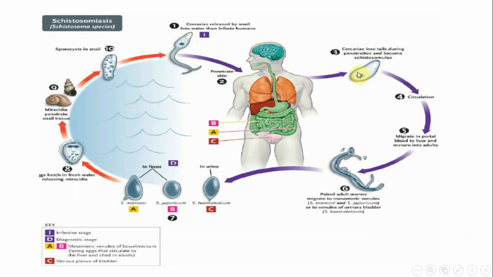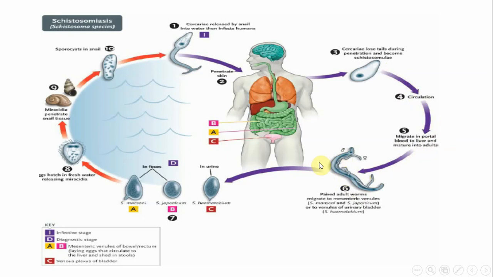These schistosomula will circulate with the bloodstream and migrate in the portal blood to the liver and mature into adult worms. Then راح يصير عندي couple from the male and female migrate to the mesenteric venules اللي هي Schistosoma mansoni and Schistosoma japonicum, or to the venules of the urinary bladder in the case of Schistosoma haematobium.